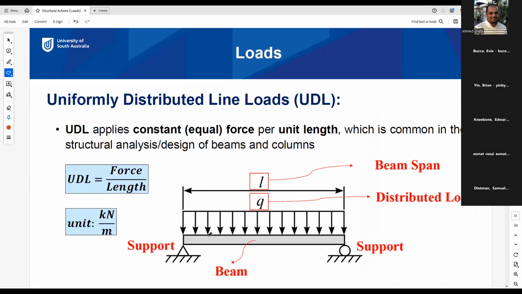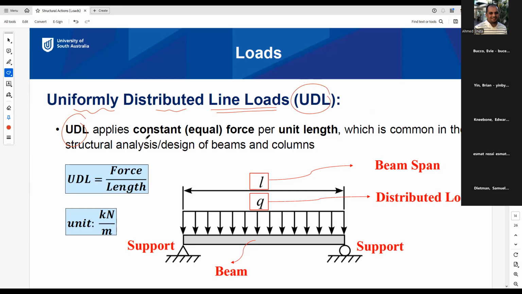Okay. So now we can jump to the next type of loads we have. The second type of loads we have is the uniformly distributed line load, which can be abbreviated as UDL.